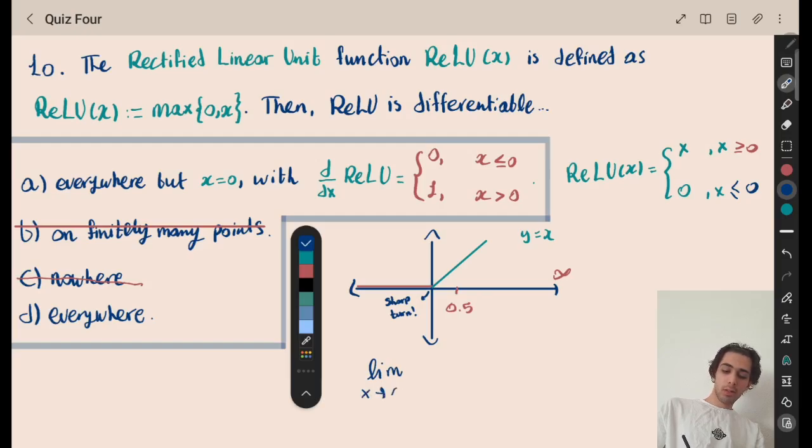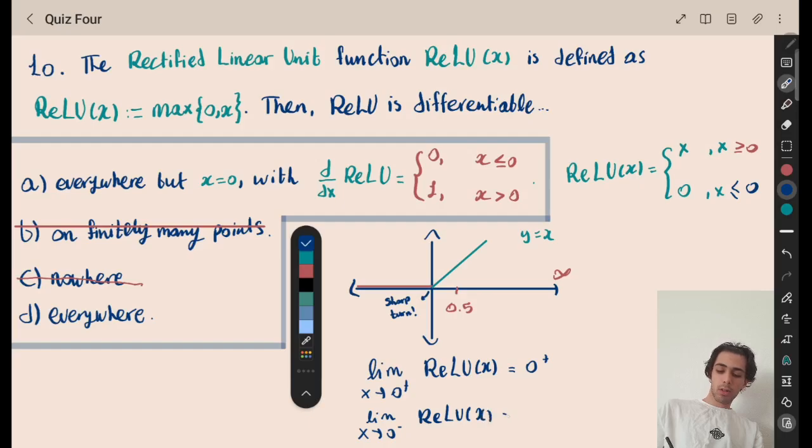The limit as x tends to 0 positive of ReLU of x is 0 positive. But then the limit as x tends to 0 negative of ReLU of x is just equal to 0.